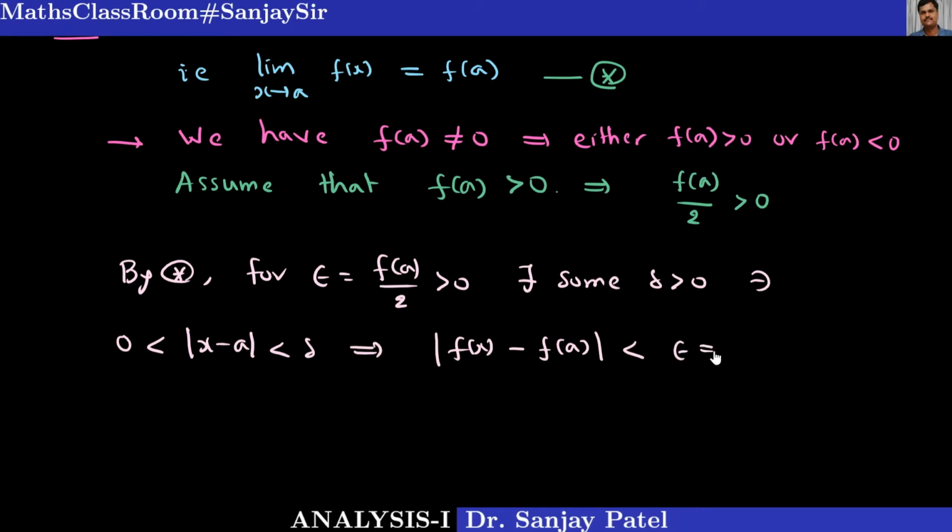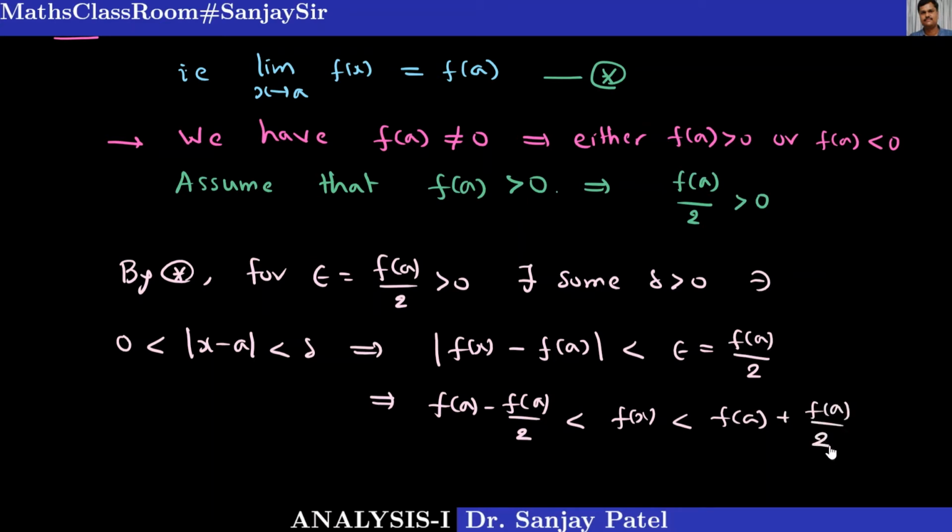What is epsilon here? We have taken it as f of a by 2. Expanding this modulus, I will get f of a minus f of a by 2 less than f of x less than f of a plus f of a by 2.